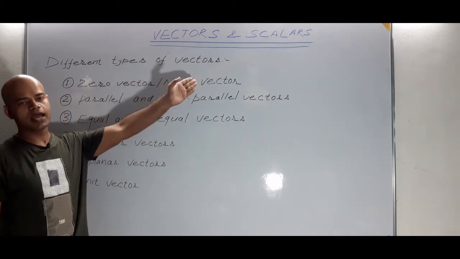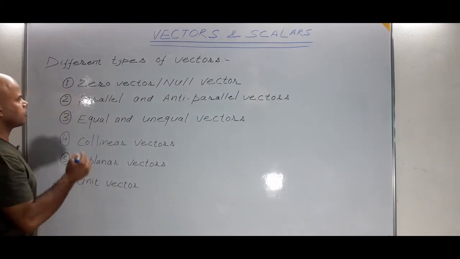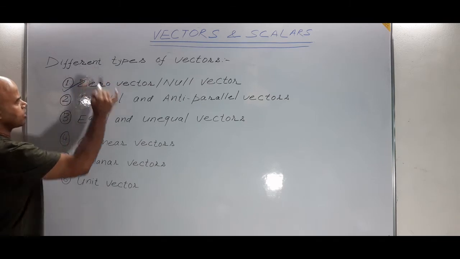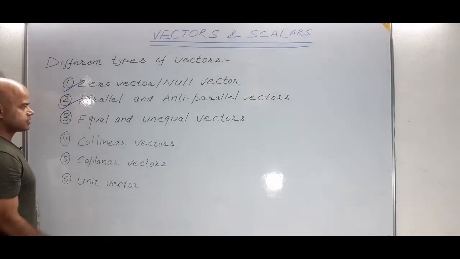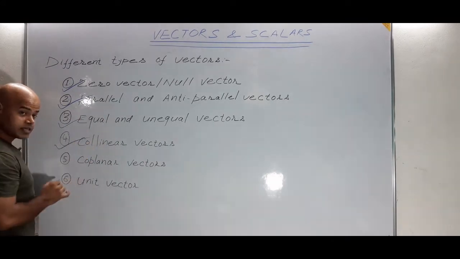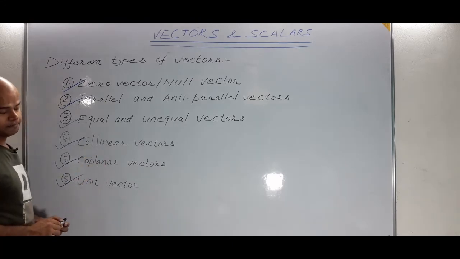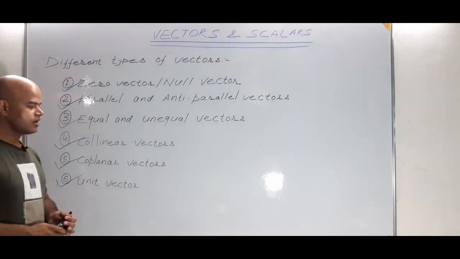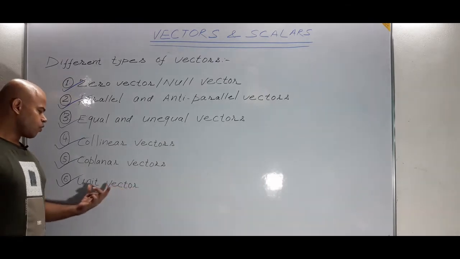So under different types of vectors, we'll be studying the following types of vectors. Look here: zero vector or null vector, then parallel and anti-parallel vectors, then equal and unequal vectors, then collinear vectors, then coplanar vectors, and finally unit vector. But let me tell you one thing, in this video lecture we are not going to study in detail what is a unit vector.